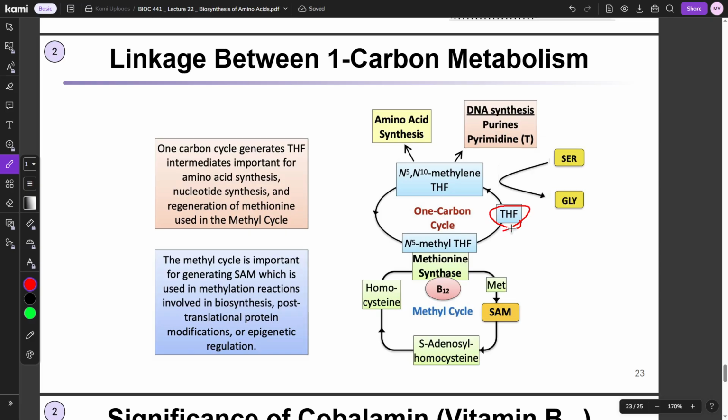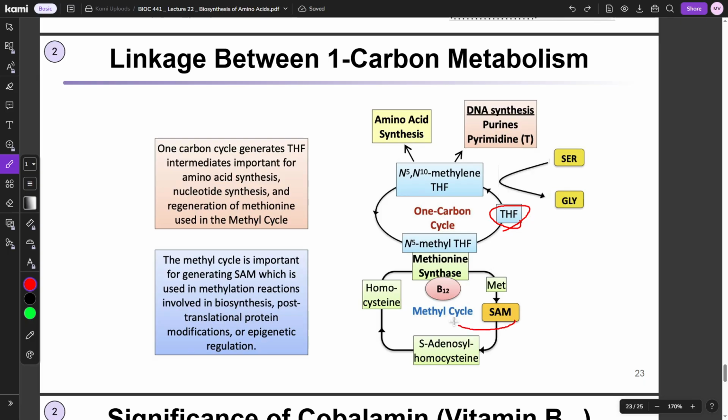So remember, from THF, we use serine to grab that methylene group. We make N5, N10. From N5, N10, we can do DNA stuff. We can do amino acid stuff. And then from the N5, N10, we can reduce it or we can oxidize it, right? If we reduce it, we make N5-methyl, and then we can use N5-methyl with methionine synthase to make methionine, using vitamin B12 as a cofactor.